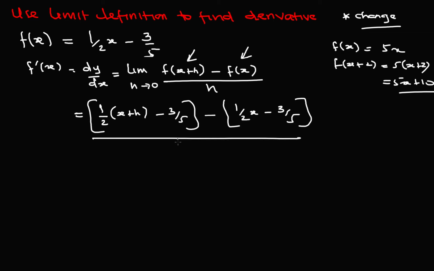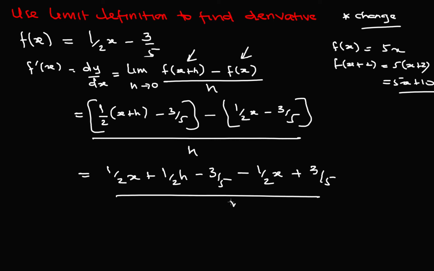And then we have h here. H remains. So then we can go on and expand. Here we're going to have half x plus half h minus 3/5. Okay, then we continue here. We're going to have half x. And what will be there? That'll be plus 3/5, like that. Then we still divide by h.